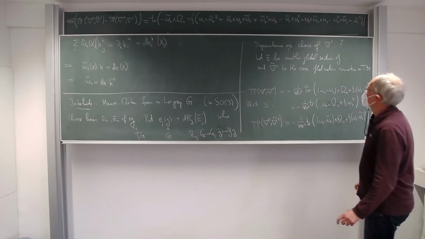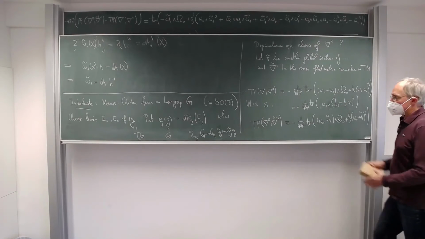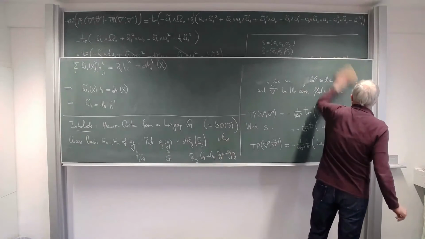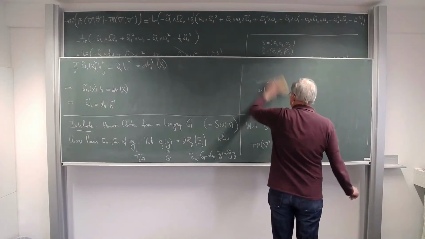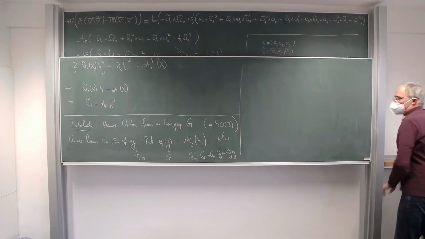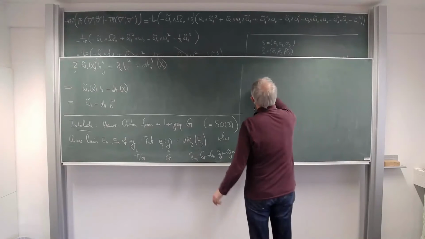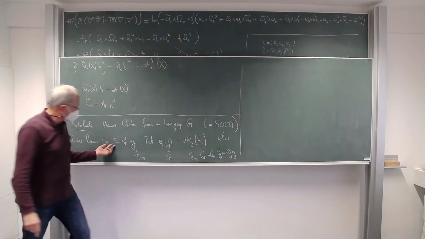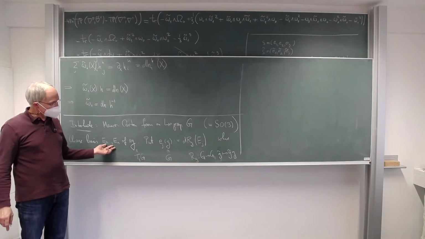Okay, good. And what can I do with this? I want to write down a canonical one-form. In order to do that, these are vector fields, so I have now globally defined basis fields here.